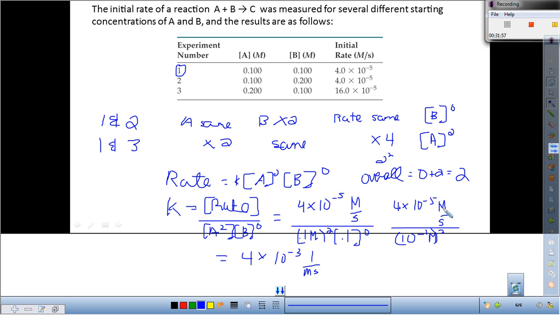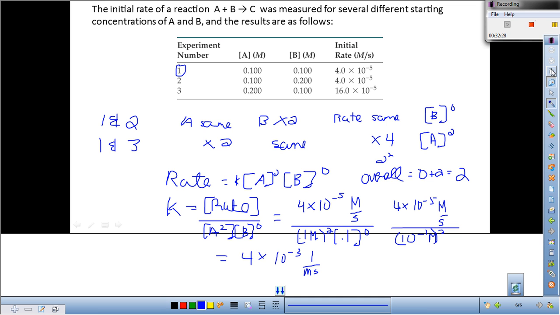Because molar divided by molar squared gives you a molar in the denominator. And we still have a second in the denominator, so we end up with molar seconds. And that's how you get the units for K. You are always going to have to calculate the units for K, because they're different; it depends on the order of your reactants.